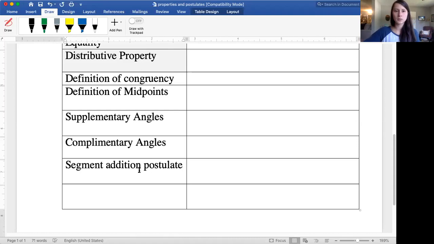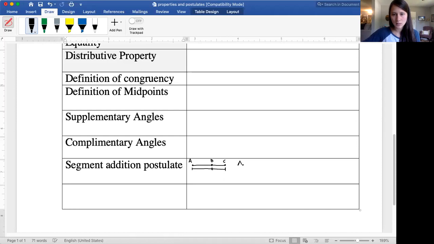And let's review a little bit what this is about. So this one was really talking about how if you have 2 parts of a segment, they add up to become the entire part. So if I have A, B, and C here, I've got this segment AB and then this segment BC. I can add those up and that equals the entire segment.